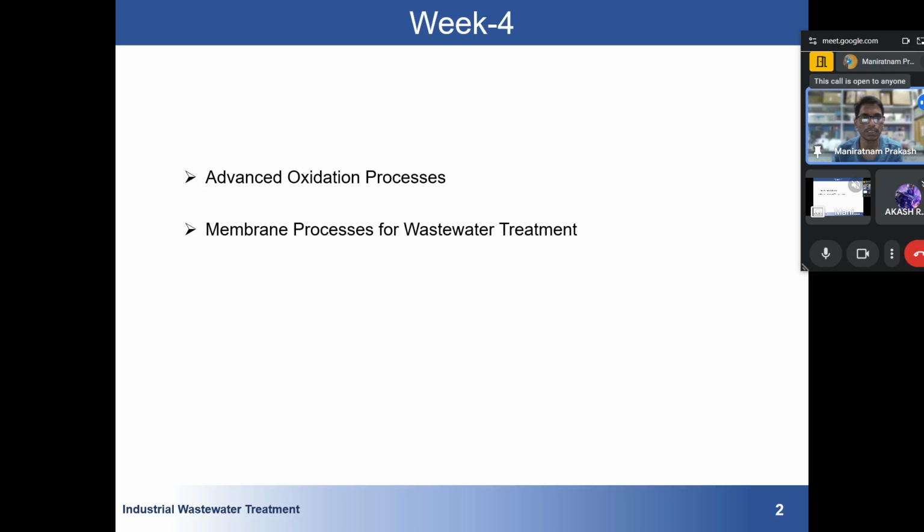In this week we will be seeing more about this advanced oxidation process. Another way of treatment is the membrane process for wastewater treatment. We will be looking into how these membranes are used to treat wastewater.